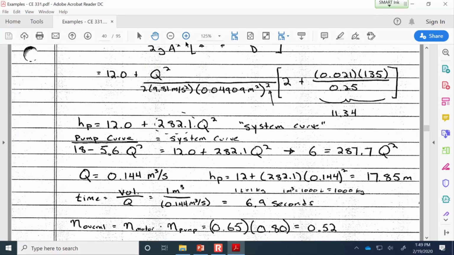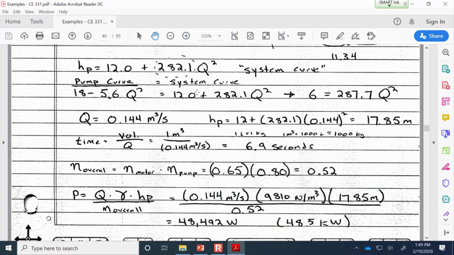And so factoring in the efficiency, how much power is required? And so we know the pump head, the H sub P, from having calculated the flow rate into one of the two equations that describes H sub P in terms of Q. So we know the flow rate, the unit weight of the fluid, the pump head that's being added, and that's 17.85. And then divided by the overall efficiency factor.